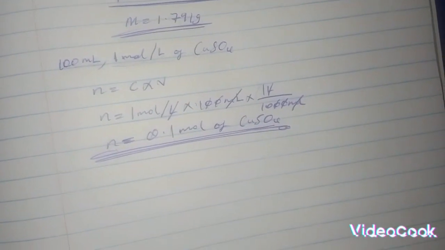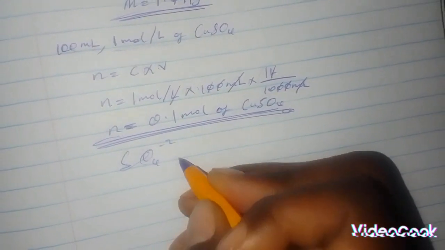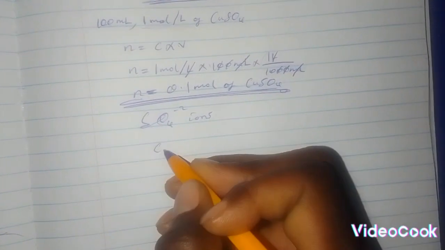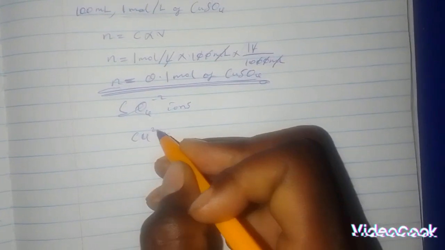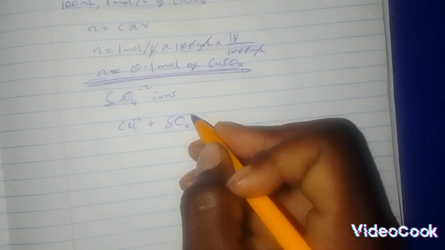Then the question further says to calculate the number of sulfate ions. Simple. When we look at the mole ratio, we have copper ions plus sulfate ions.